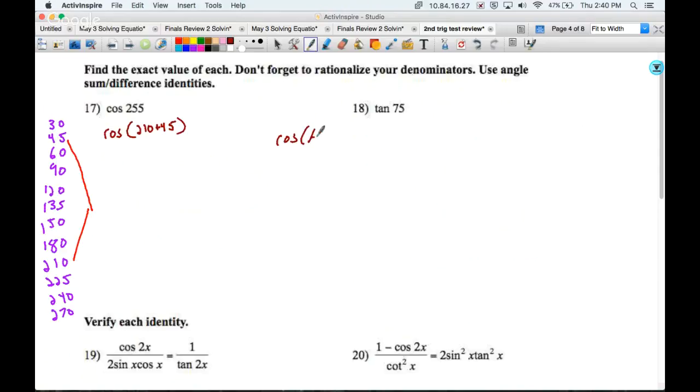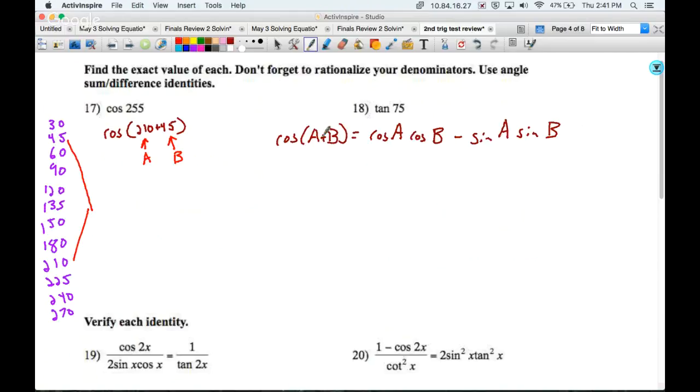Cosine of A plus B is equal to, looking in my packet, cosine A cosine B. It keeps the same sign. No, actually, it flips the sign, so it should be a minus. Sine A sine B. So let's plug that in. 210 is my A. 45 is my B value.